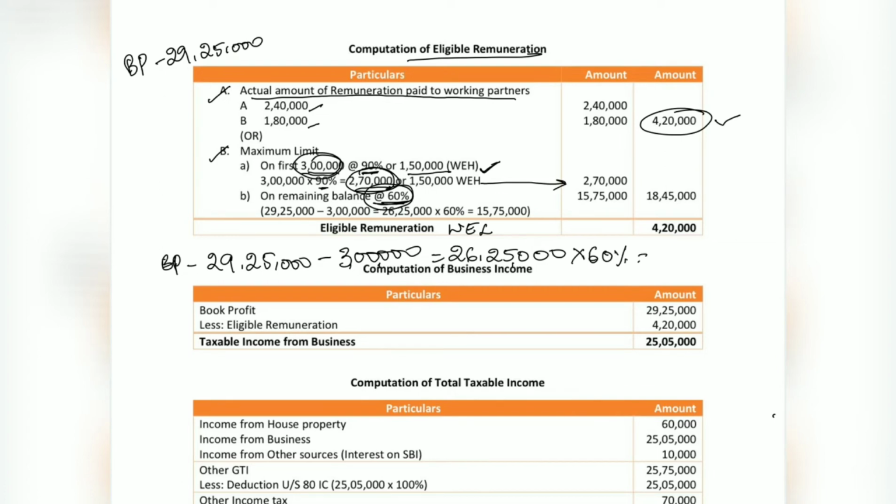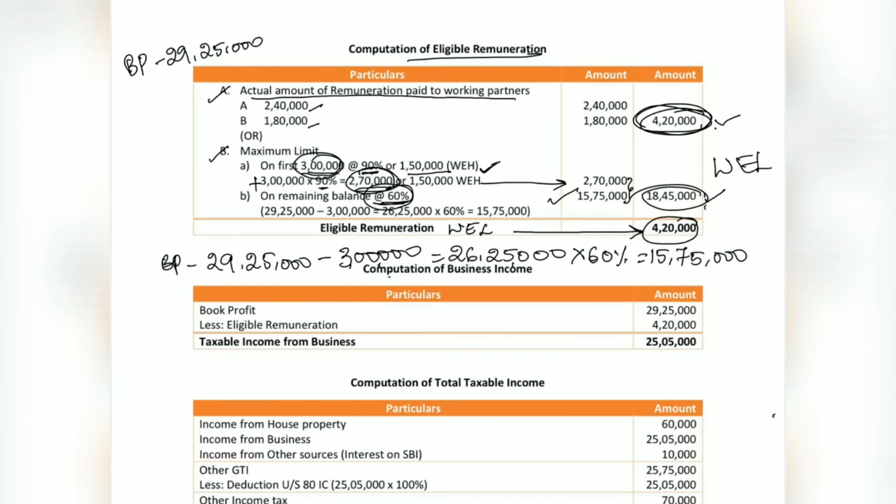So 60% comes to 15,75,000. That 15,75,000 value we have taken here. If you add these two values, you will get 18,45,000. Now you will compare the actual amount of remuneration and the maximum limit, whichever is less. Which is less among these two? 4,20,000, right? So this will be your eligible remuneration.